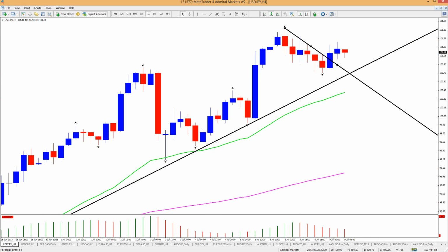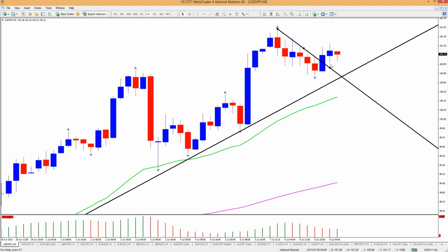We had engulfing 4-hour candles here, which could signal that continuation. Some wicks here as well.